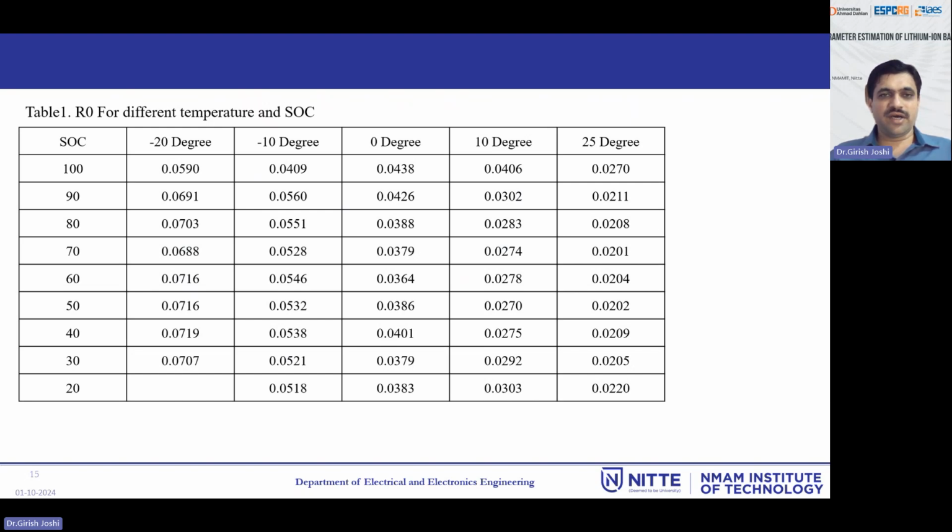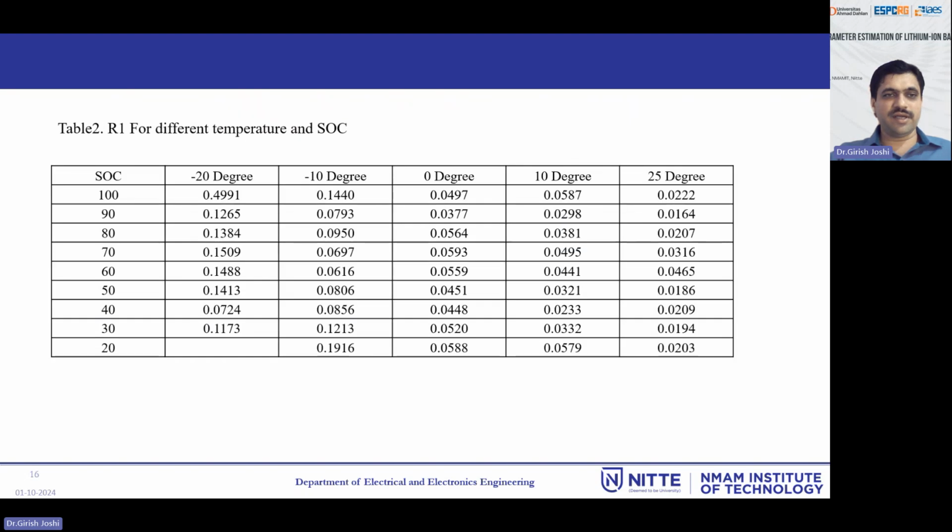The data we received in MATLAB, stored in the workspace, have been abstracted and plotted as per this particular table. At SOC 100%, how the value of R0 varies for the different trials that we have conducted for minus 20, minus 10, 0, 10 and 25 degrees Celsius has been shown in this table. The next table shows the variation of R1 for different temperatures and SOC.